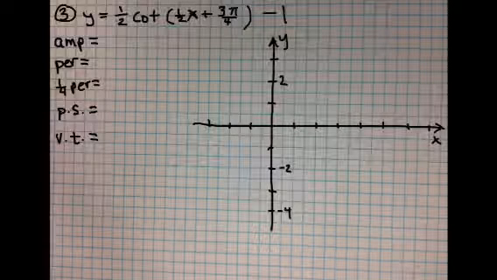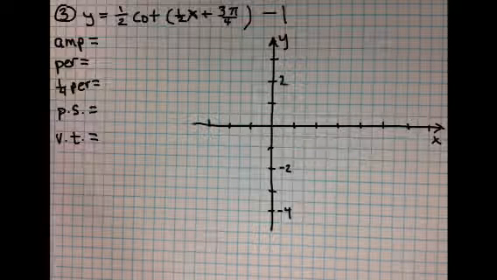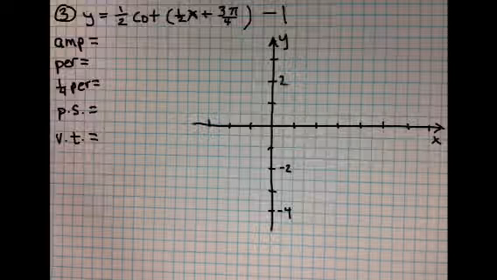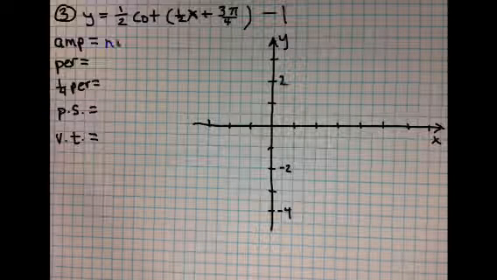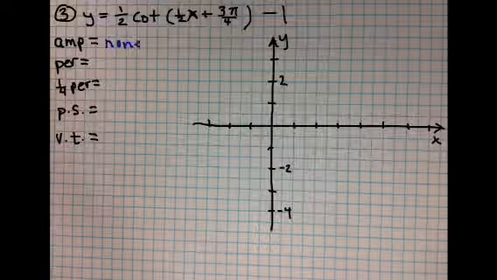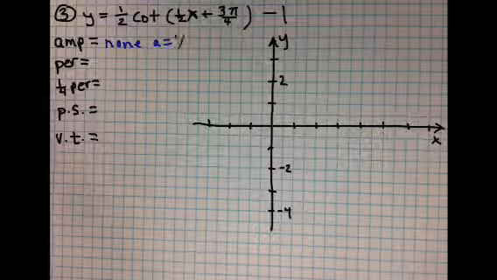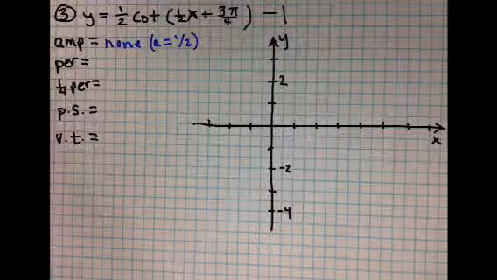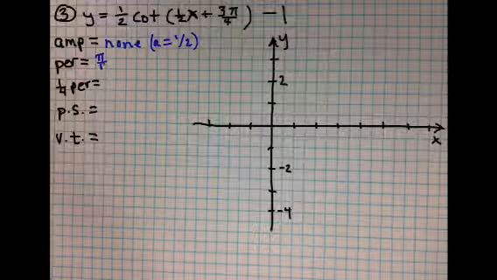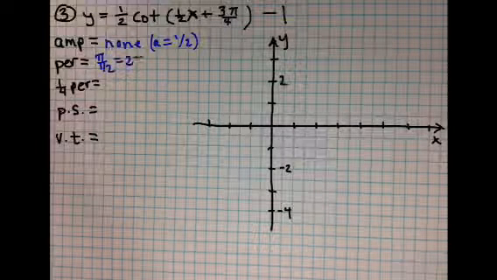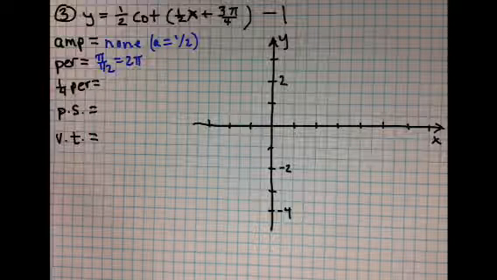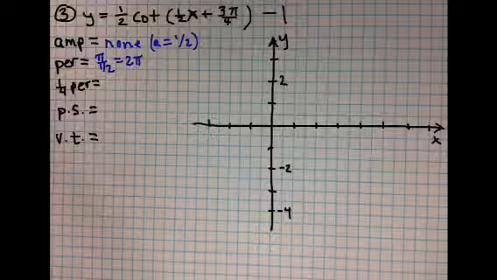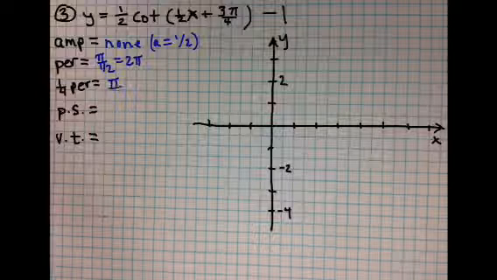Alright, so here we have a cotangent graph or equation, and the amplitude is none, but we're going to use the 1/2 for our 1/4 and 3/4. Period is pi over b, pi over 1/2, which is 2 pi. A quarter of that would be 1/4 times 2 pi, which is pi over 2.